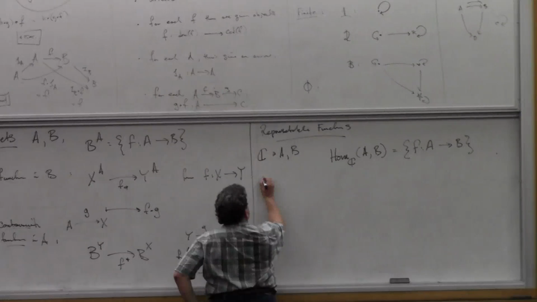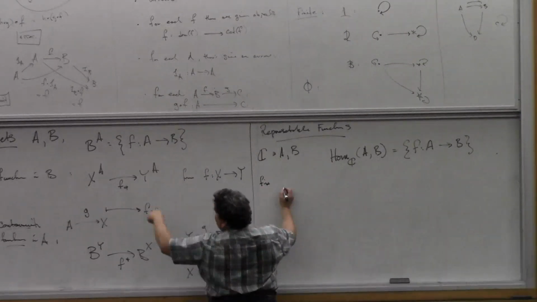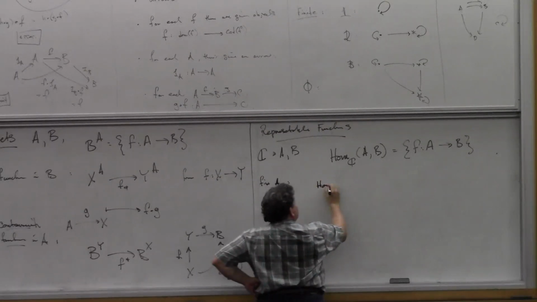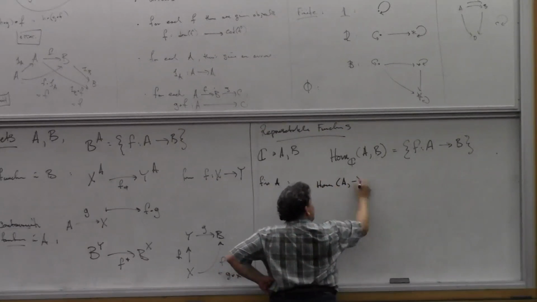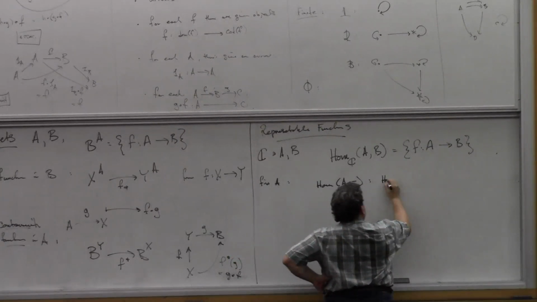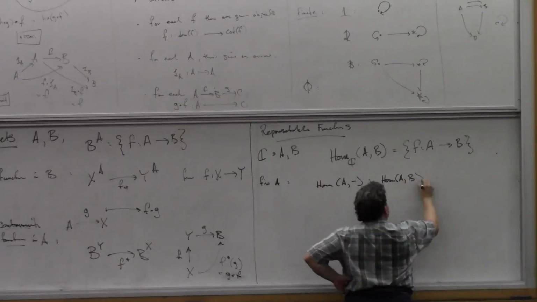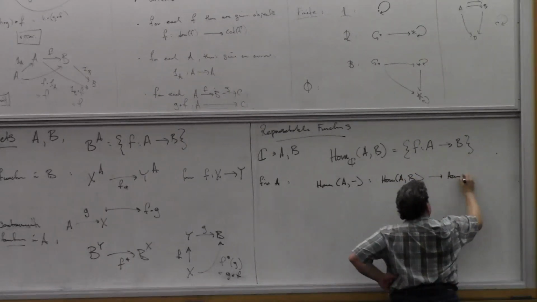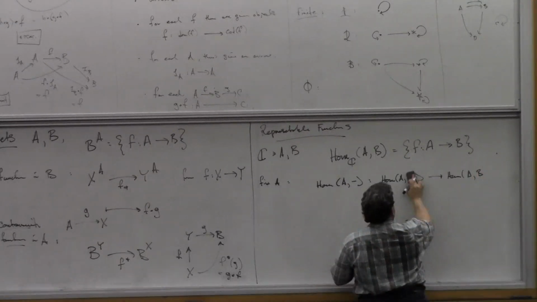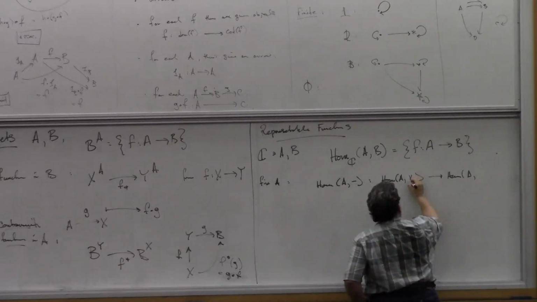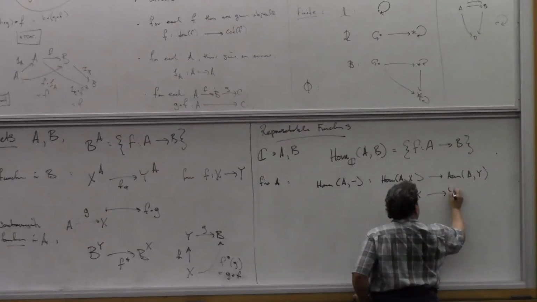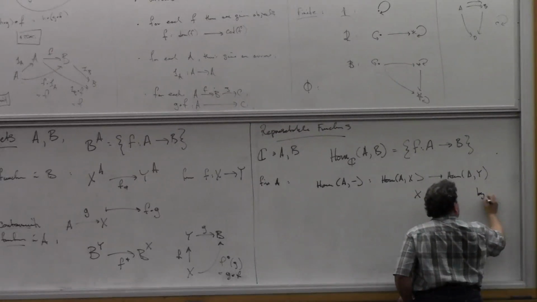But just as before, I can fix A, and then I get a functor in B, Hom(A, -), that will take Hom(A, X) into Hom(A, Y), for any X going to Y, just by composition, as before.